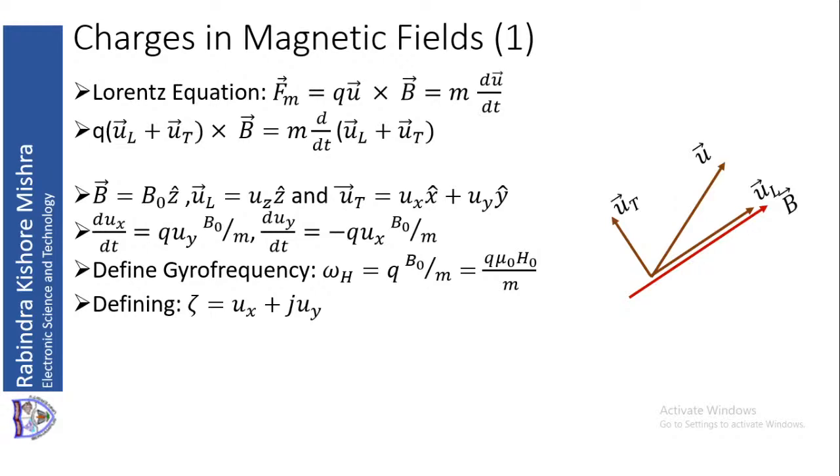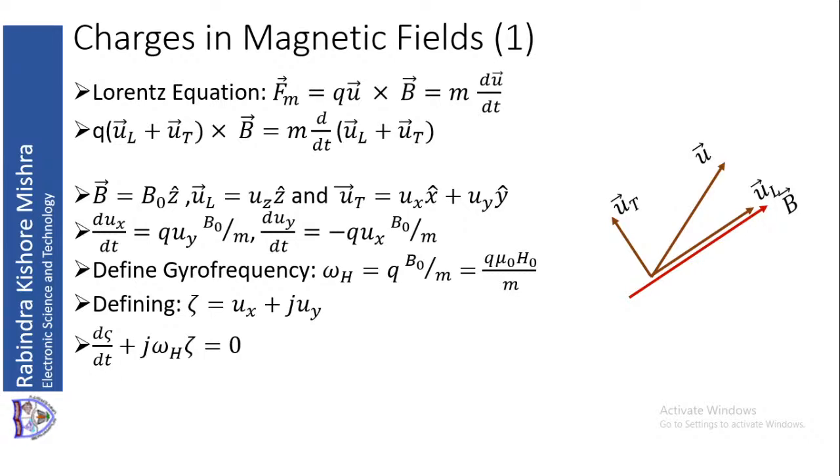Now we know that the transverse part has two components. One is ux, one is uy. Let us define a term zeta as ux plus j uy. So I will take the imaginary part of y, add that to real part of x.